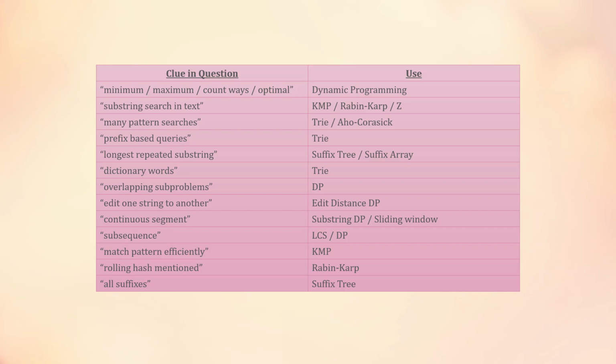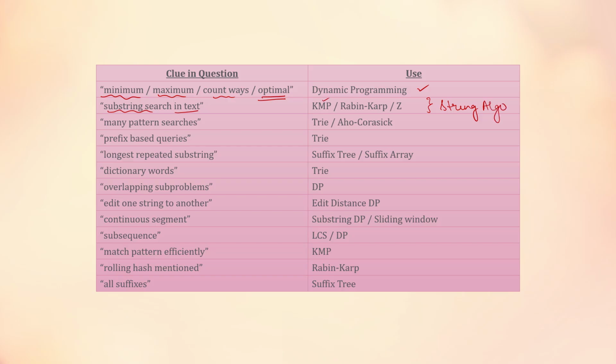So first of all, we need to memorize this table in order to solve our questions. Whenever we talk about minimum, maximum, or counting ways, optimal solution, we mostly use dynamic programming. When we say substring search in text, we use a string algorithm.